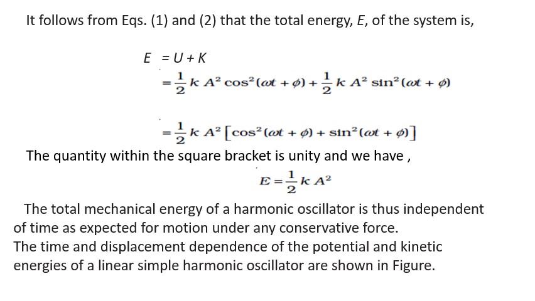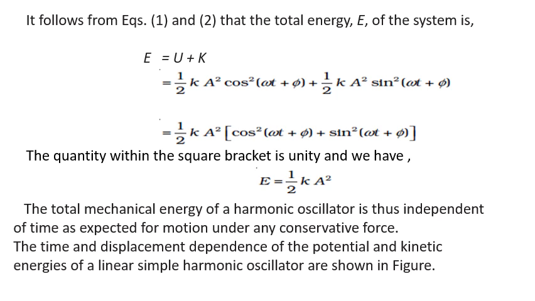From equations 1 and 2, the total energy E of the system will be potential energy plus kinetic energy, and by putting the values of both and taking half k A square common, you will get E equals half k A square into [cos square(omega t plus phi) plus sin square(omega t plus phi)]. The value in the bracket is 1.